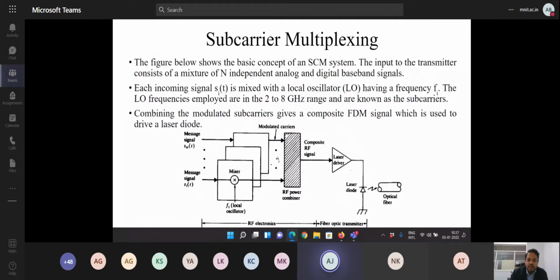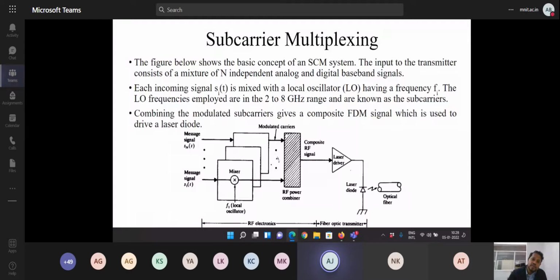And if you're using subcarrier multiplexing, this is an important technology which is presently being worked on for visible light communication. I have discussed visible light communication, I think very briefly, during your classes also.